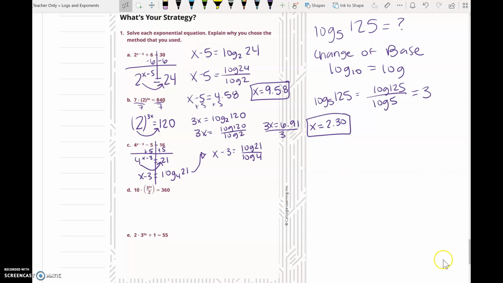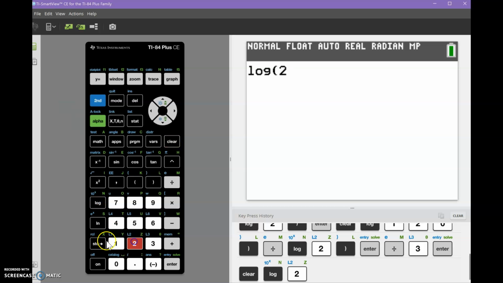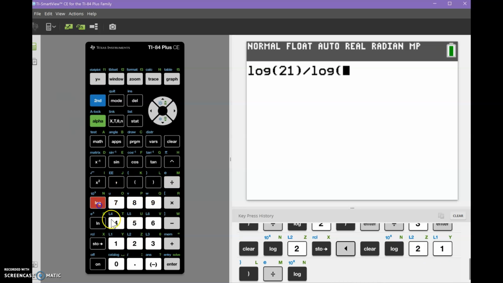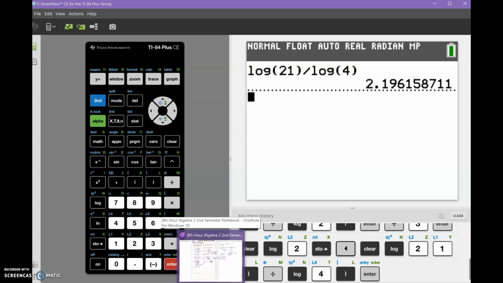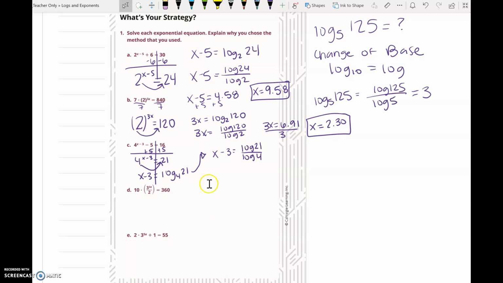I'm going to go to my calculator and type that in. That's 2.19, which is going to round up, so that's actually 2.2. Add 3, x equals 5.2.